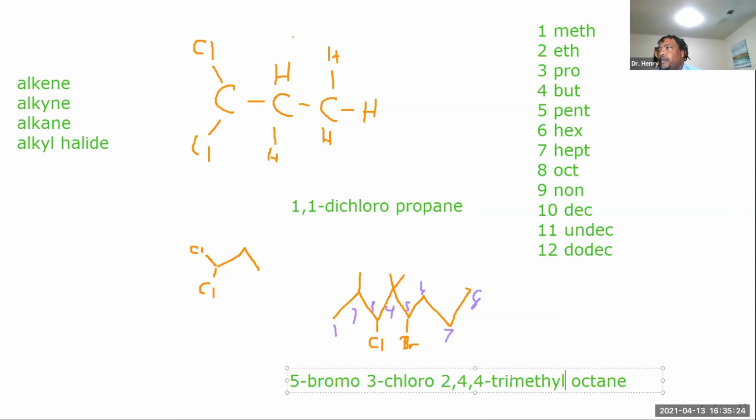Sorry, I didn't mean methyl. I meant if it was butyl. Yeah, if it was butyl, it would be between the bromo and the chloro. So it'd be 5-bromo, 2,4,4-tributyl, 3-chloro, like that.